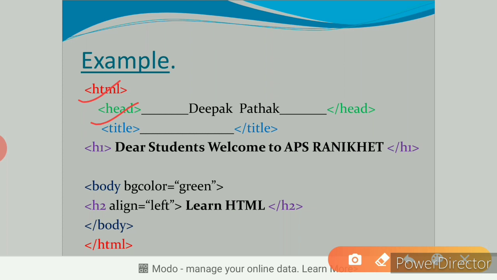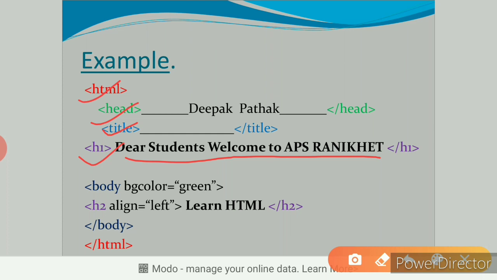In this tag, I have given my name, but you can give whatever you want. The next tag is title, but I have kept it blank. Then the H1 tag. In the H1 tag, I write: Dear student, welcome to APS Raniket.